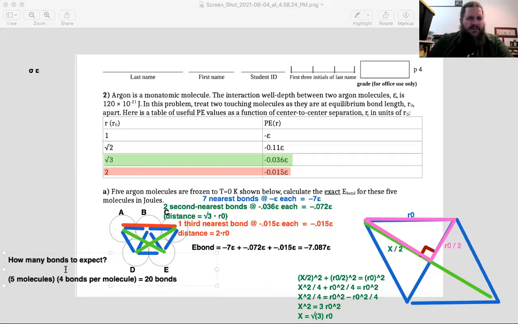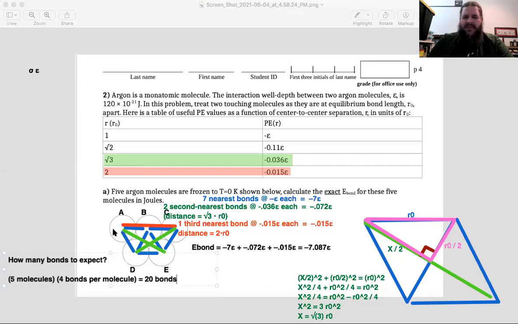But if we're saying each molecule has 4 bonds, we're saying A is bonded to B and C and D and E, and we're saying B is bonded to A and C and D and E. We just counted the bond from A to B, and we also counted the bond from B to A. Are those different bonds or the same bond? They're the same.